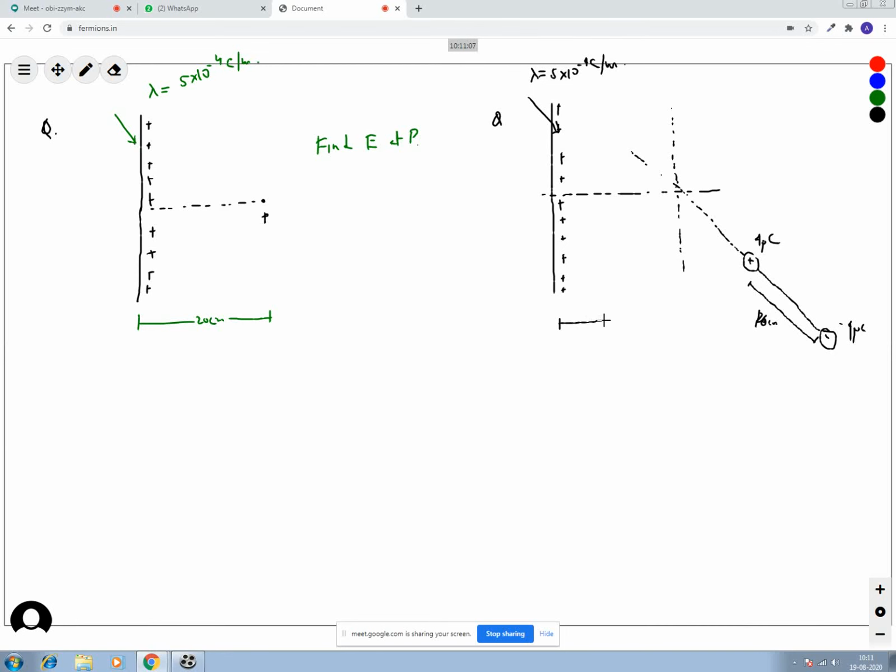This distance is 20 centimeter, and this distance from here to here is also 20 centimeter, and this angle is 120 degree. You need to find the electric field at P. Find E at P.